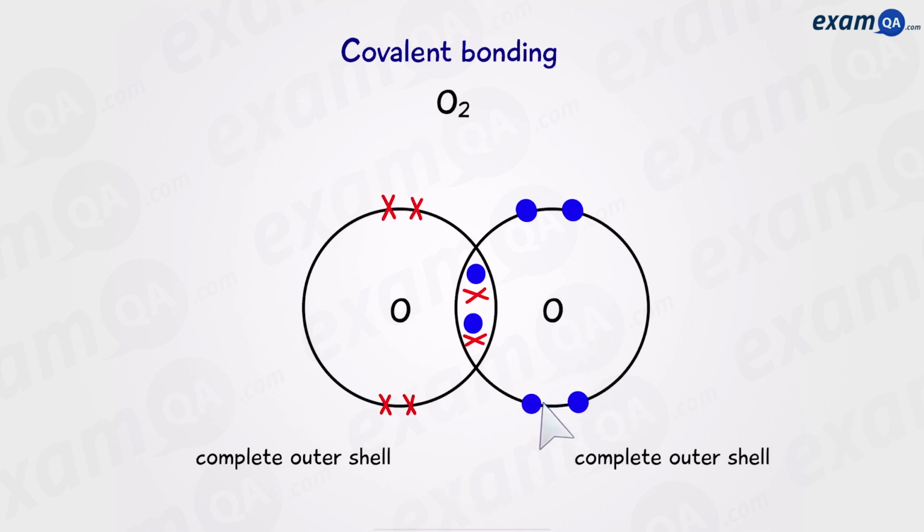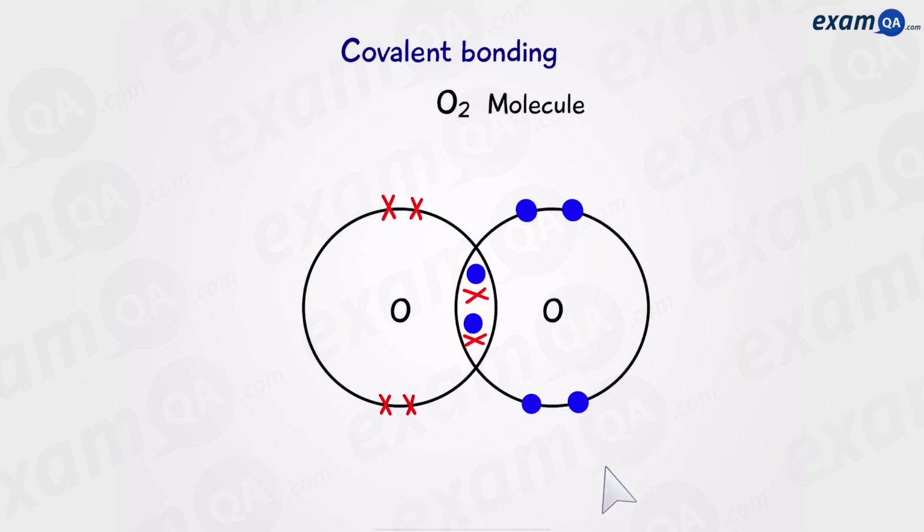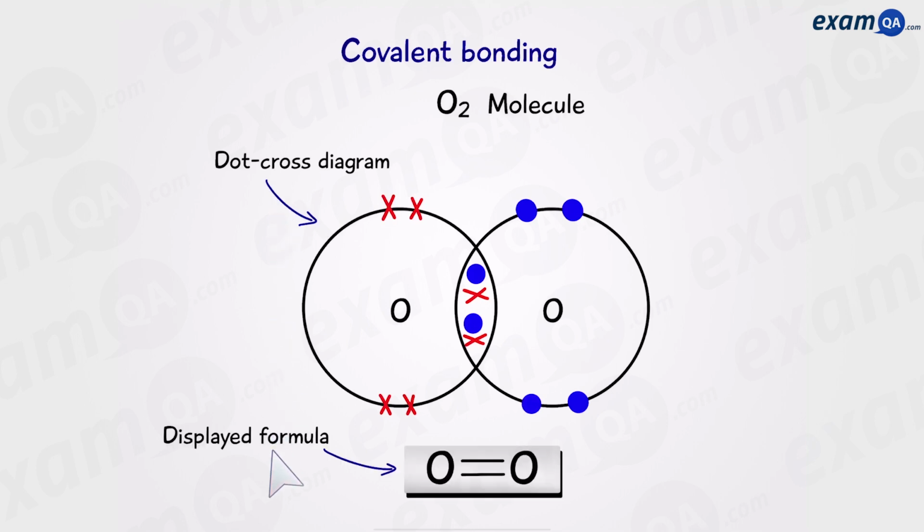Perfect, so both of them have a complete outer shell, and we've created an oxygen molecule. This is the dot and cross diagram, and this is the displayed formula. Notice this time that we have 2 lines instead of 1. This is because there are 2 shared pairs of electrons, and each pair is represented by 1 line.